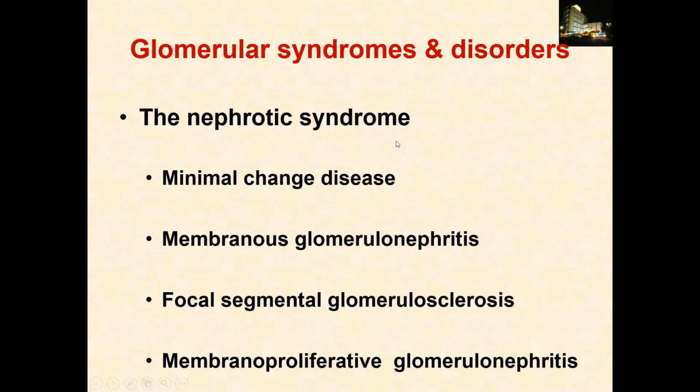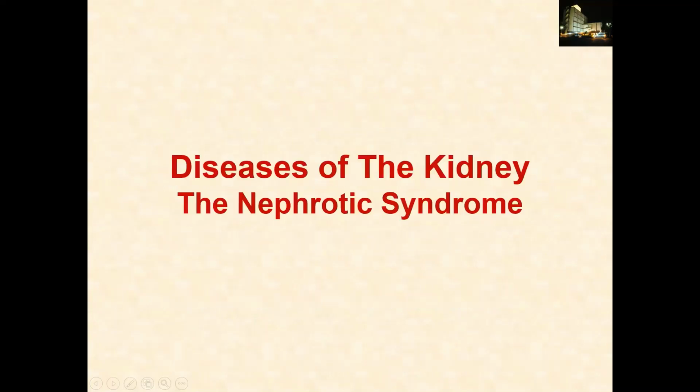Among many causes that present clinically as nephrotic syndrome, I choose these more common histological forms: first and second, minimal change and focal segmental glomerulosclerosis, membranous glomerulopathy, and membranoproliferative glomerulonephritis. The nephrotic syndrome, minimal change disease.